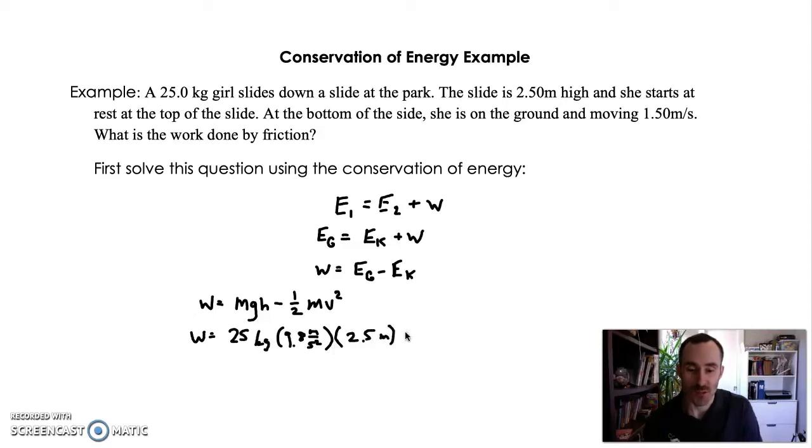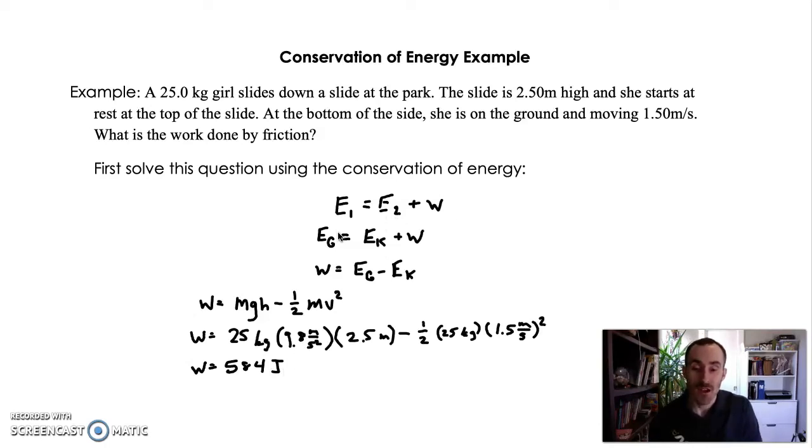That's the gravitational potential energy, minus half times 25 kilograms times 1.5 meters per second, and that is squared. Now when we do this full calculation, we're going to get the work is equal to 584 joules.